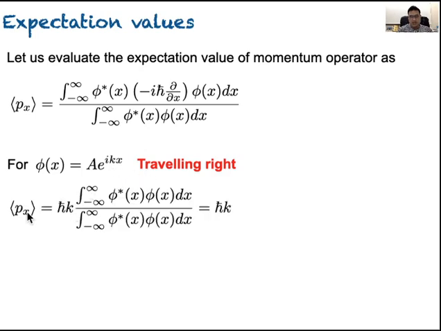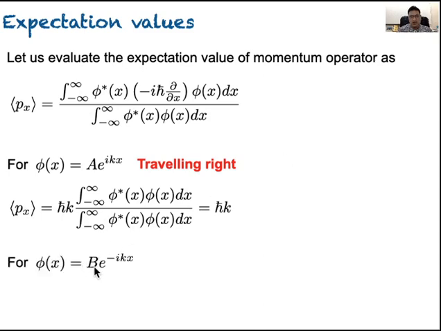So once it operates on phi of x, it gives h cross k back times phi of x. In the integral of phi star x phi x from minus infinity to plus infinity dx, the normalization factors cancel out, and we get h cross k. So the expectation value of the momentum operator is h cross k.